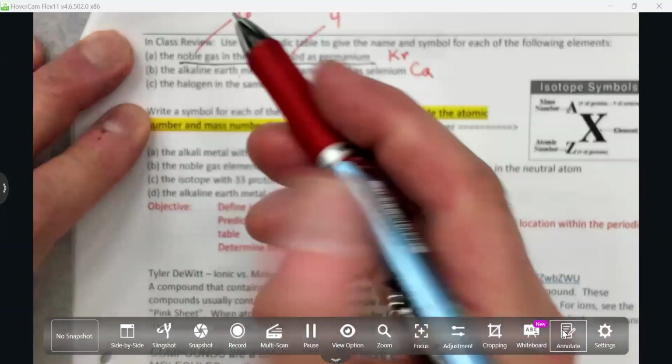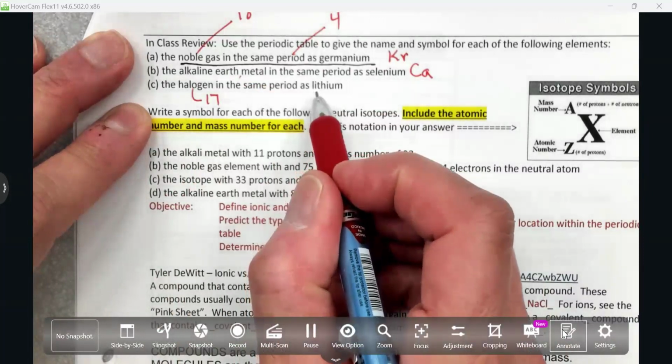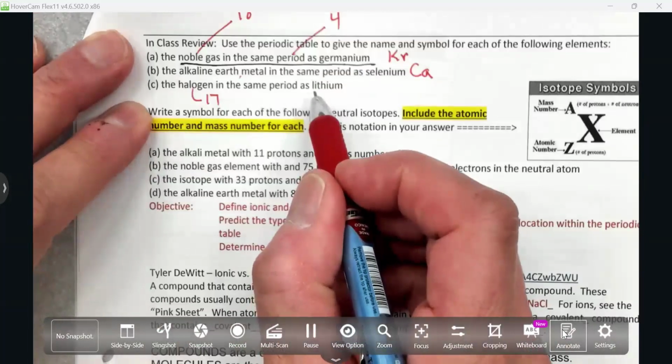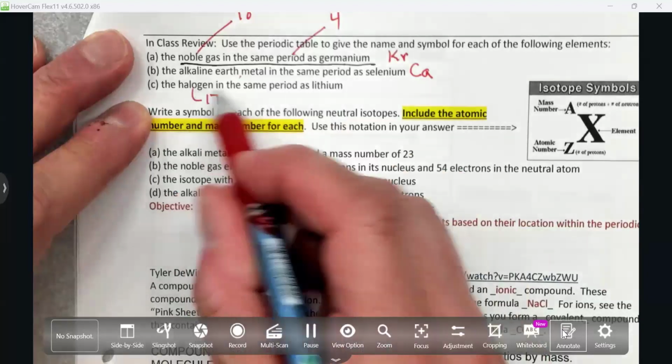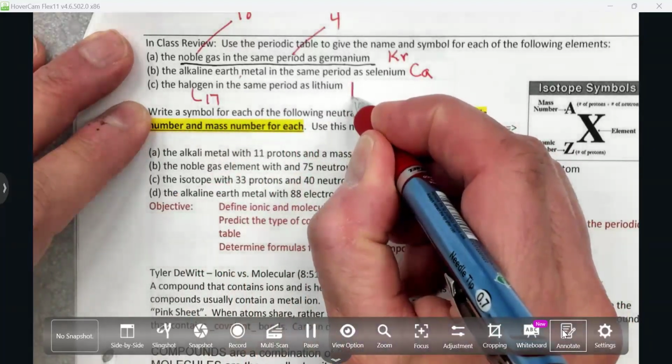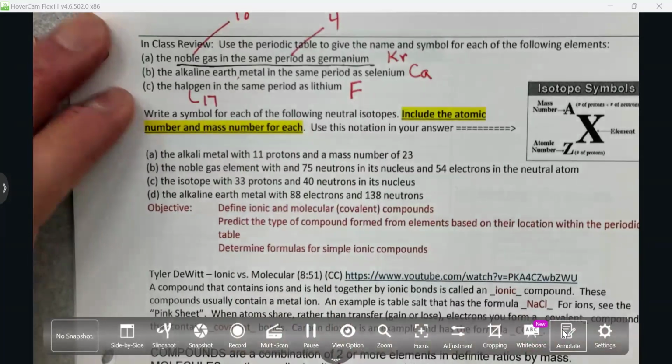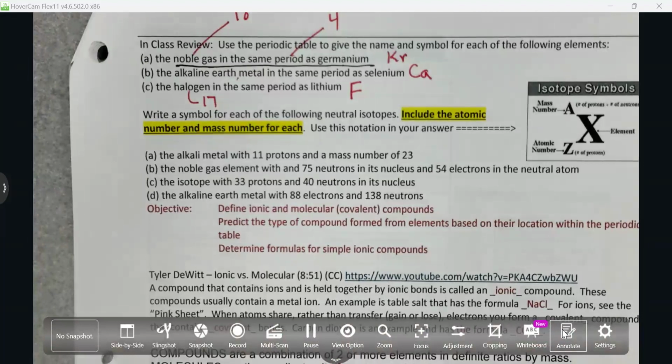Halogen, group 17, same period as lithium. The halogen in the same period as lithium is fluorine. Okay.